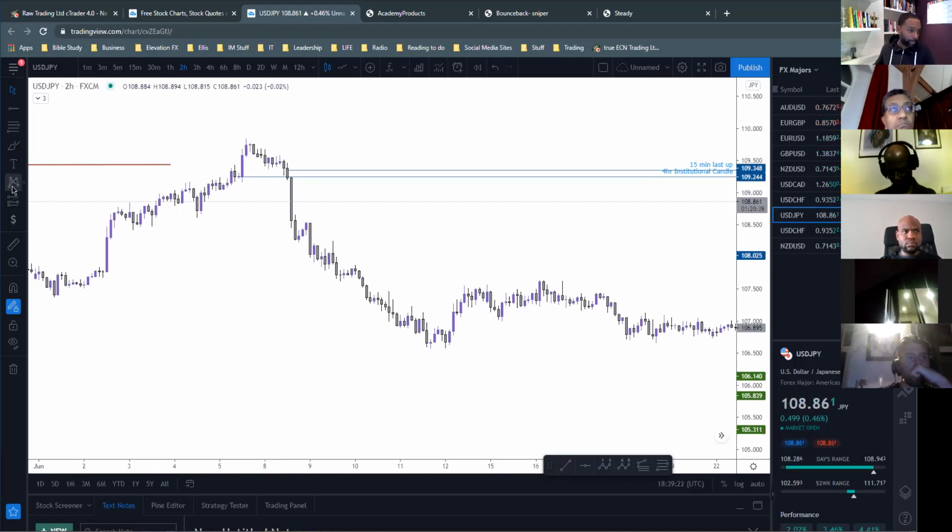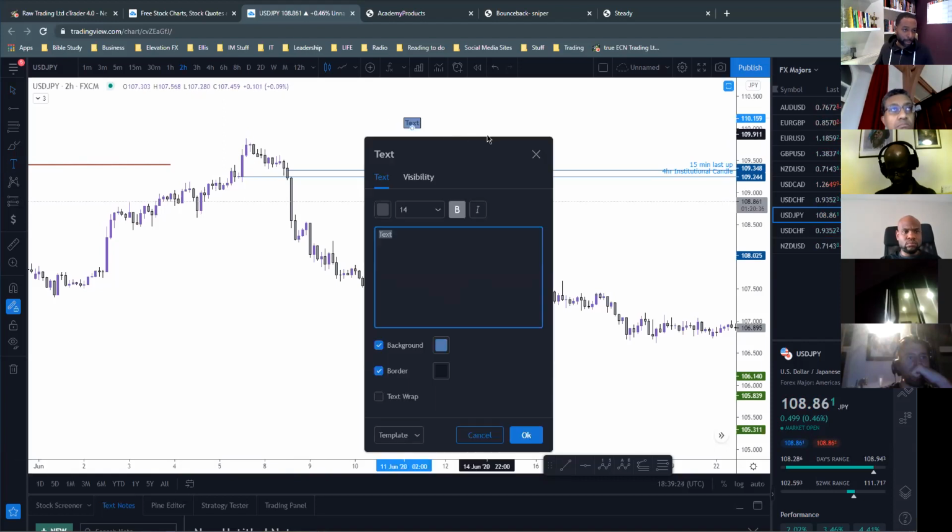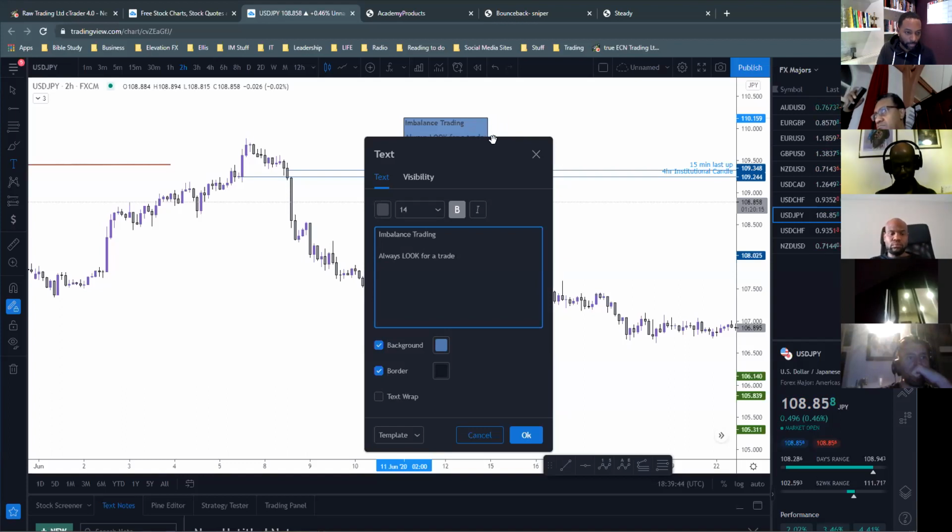Now, how do I trade imbalance? Let me just say imbalance, and then I'm gonna do one more, and then we'll see how it's traded. When I'm trading imbalance, always, this is so essential, always look for a trade in the direction of the trend.